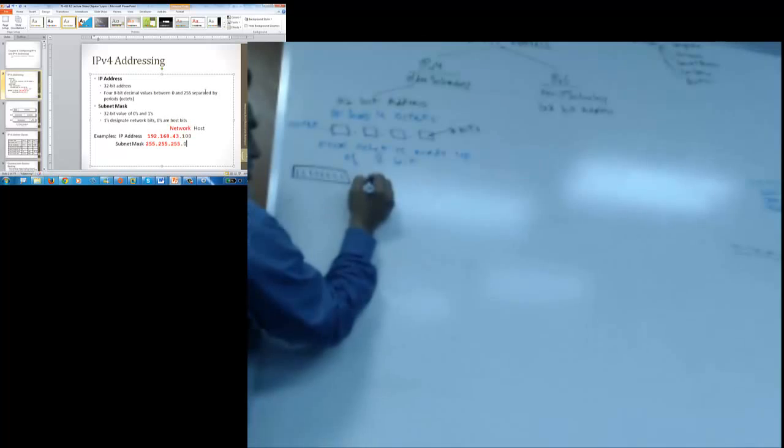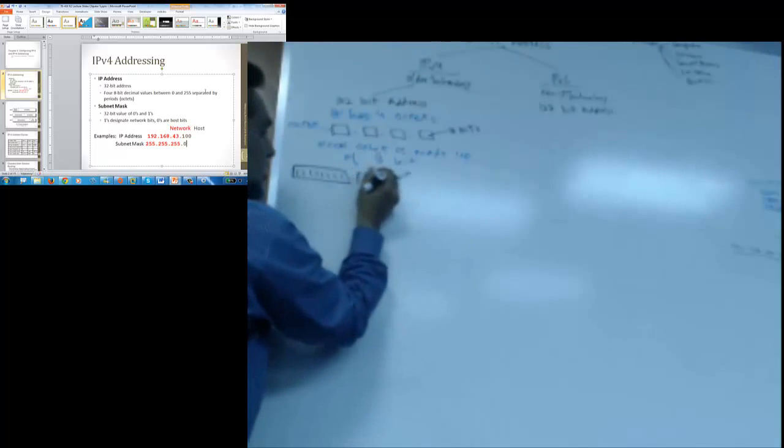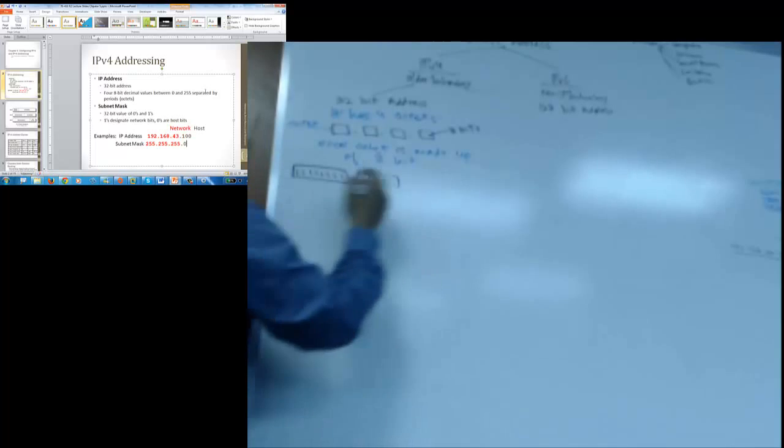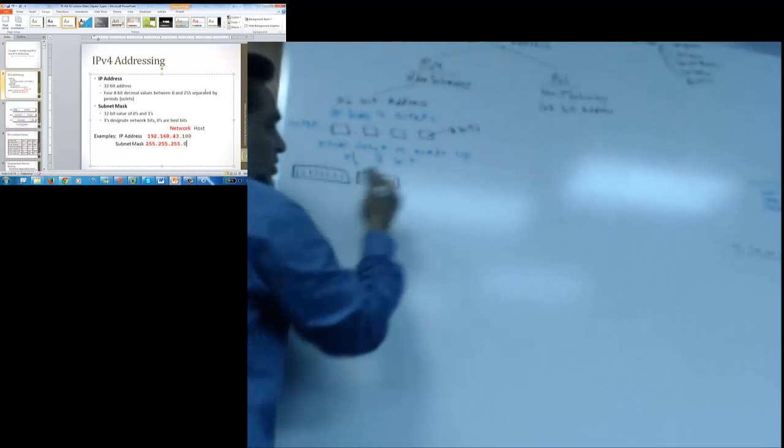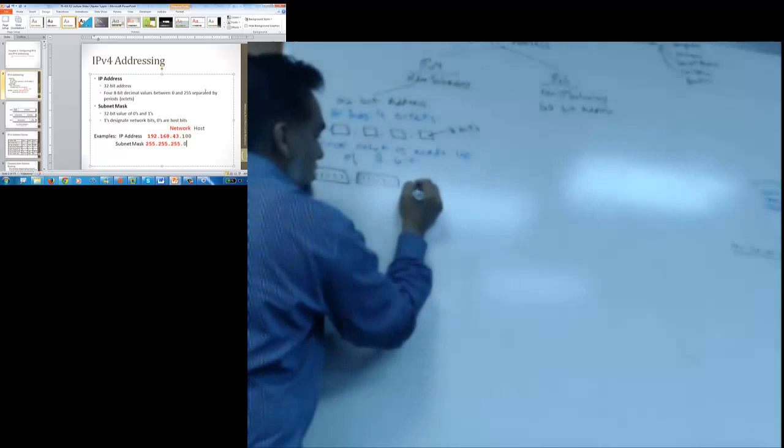It is divided by a dot, and then 8 more bits, 1, 2, 3, 4, 5, 6, 7, 8, and again divided by a dot. So total 32 bits. This is why it is known as a 32-bit address.